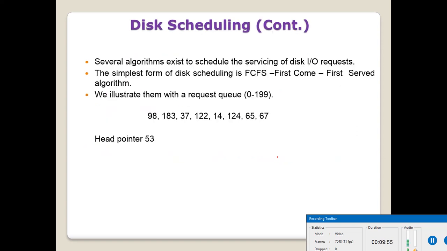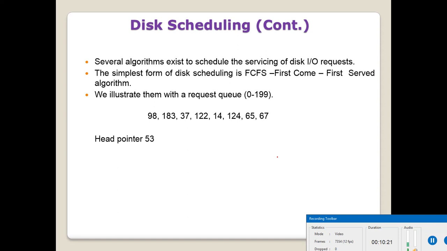There are several algorithms that exist to schedule the servicing of disk input output. So we are going to discuss the disk scheduling algorithms. Just like in chapter 5 we had the CPU scheduling algorithms, now we have the disk scheduling algorithms. In CPU scheduling you have the process names, burst time, arrival time and various other information.